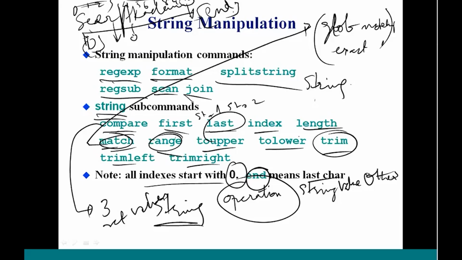By default, the character is white space, so it trims the white space from both ends if there is any. And then trimleft and trimright do the same thing on either side. The toupper and tolower are essentially to uppercase or lowercase the string.